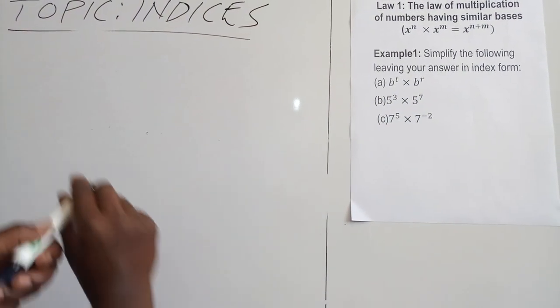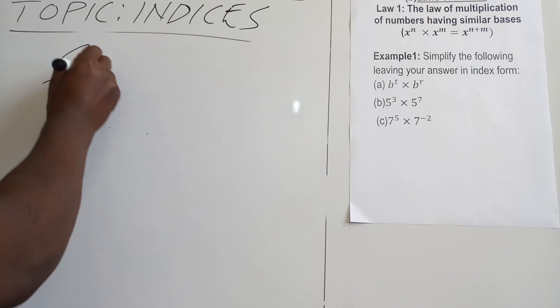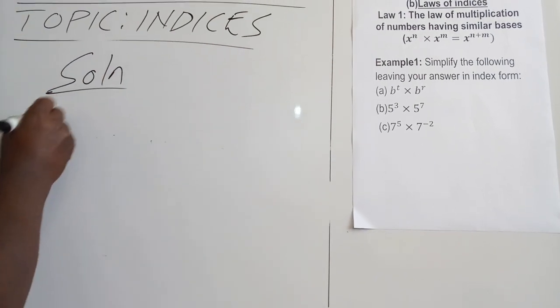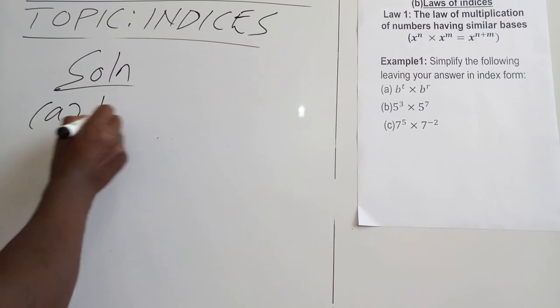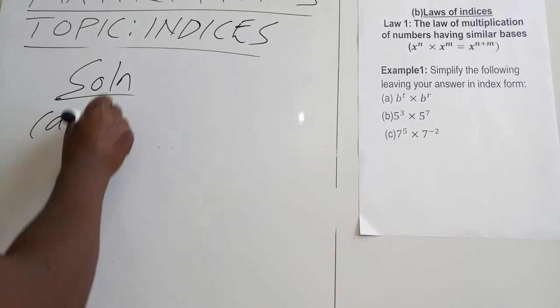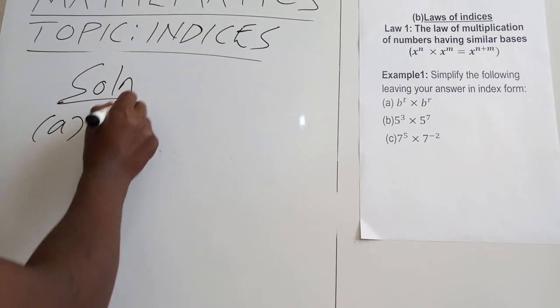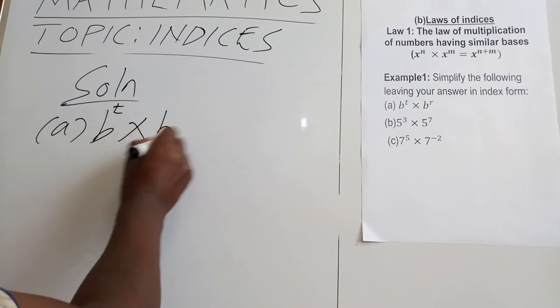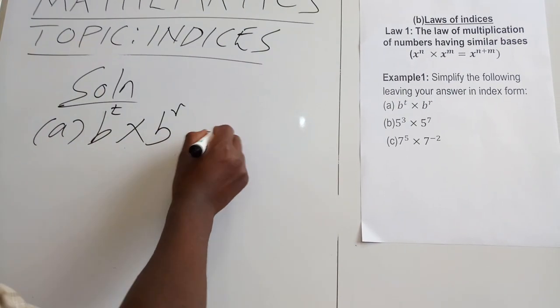So let's have the solutions here. Now, part A, b^t times b^r. What do you get?